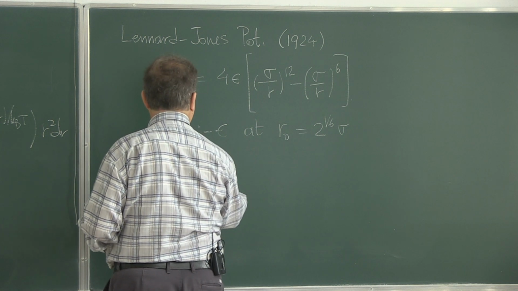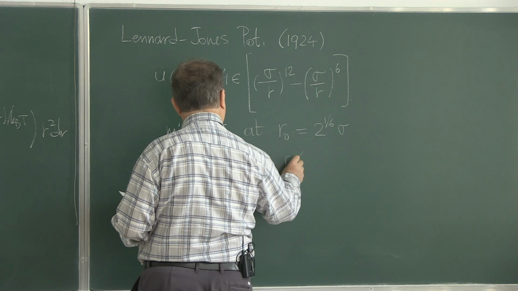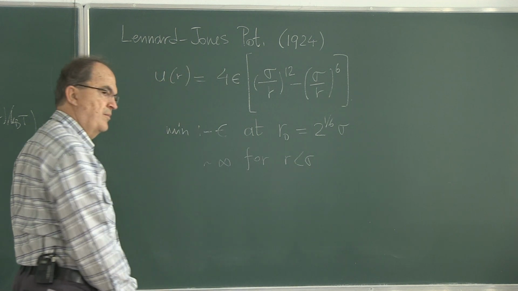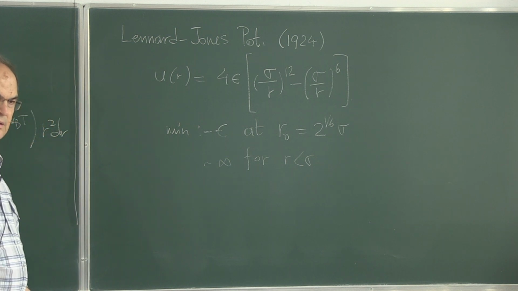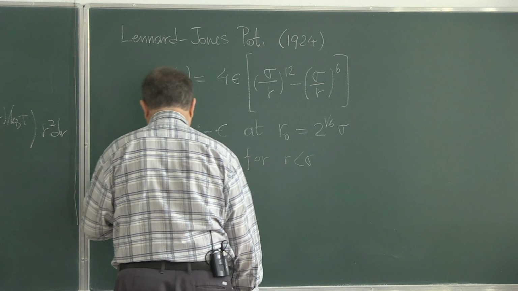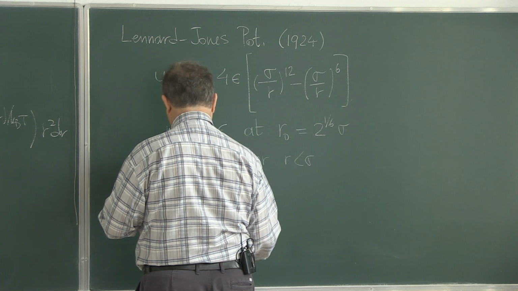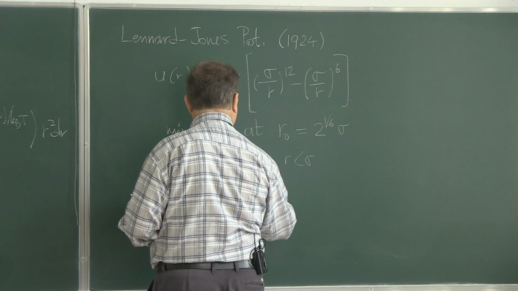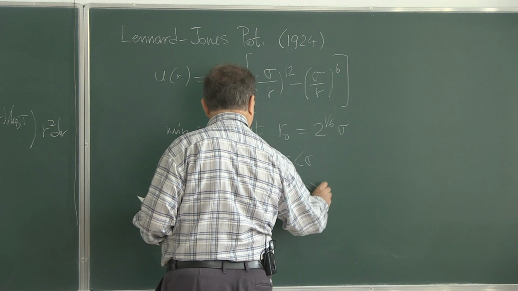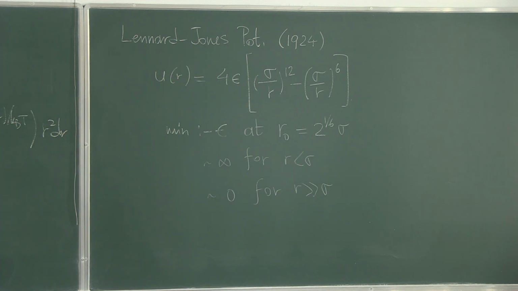Well, it is like infinity for r smaller than sigma. It is the repulsive part. It is like 0 for r very much greater than sigma, isn't it? So it goes to 0 when the interparticle distance is large.